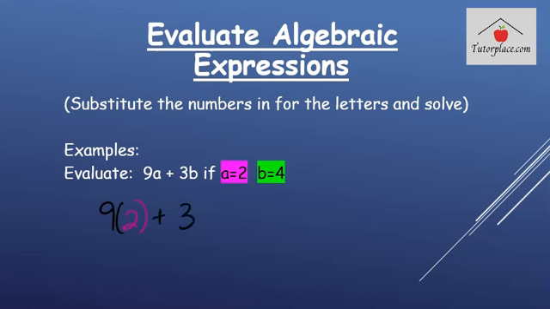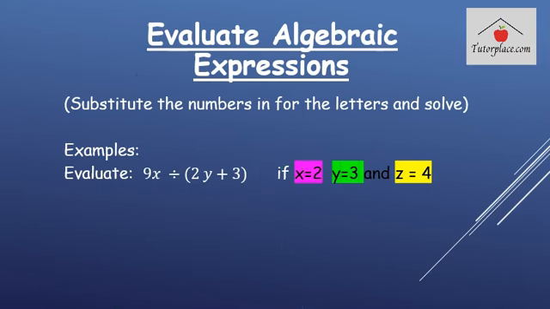Plus 3, and instead of what b is, I'm going to put the 4. Okay, so I have 9 times 2, which is 18, plus the 3 times the 4, which is 12. So 18 plus 12 would give us 30. Again, you're plugging in the numbers for those letters into the original problem. It's kind of like a little puzzle.